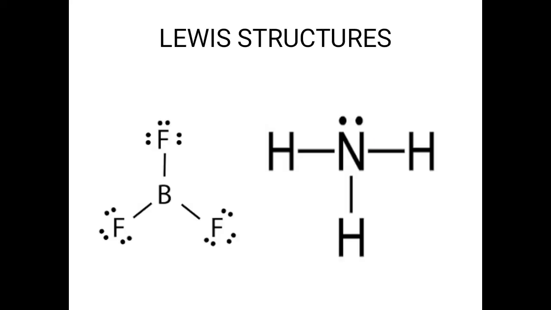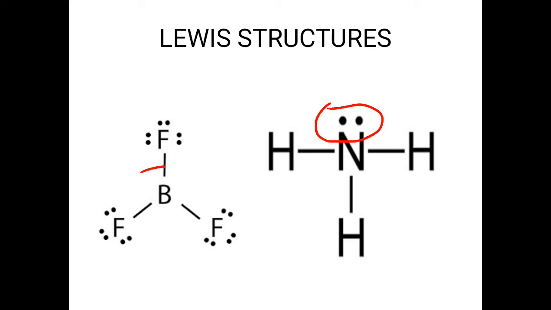We see the Lewis structure to understand that in molecules, it is possible that some atom has an extra electron pair as a lone pair, or some atom has a place for an electron pair. When we discussed the molecule of ammonia, we saw that nitrogen, the central atom, has a lone pair.